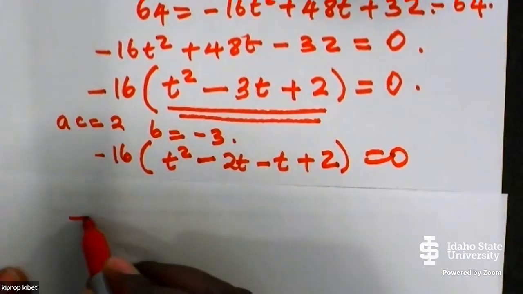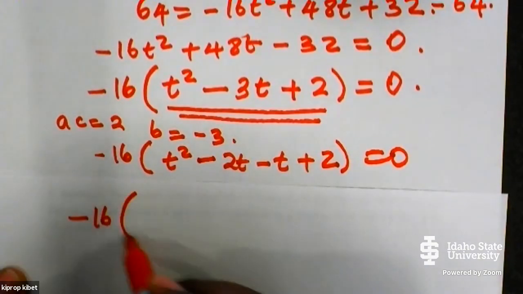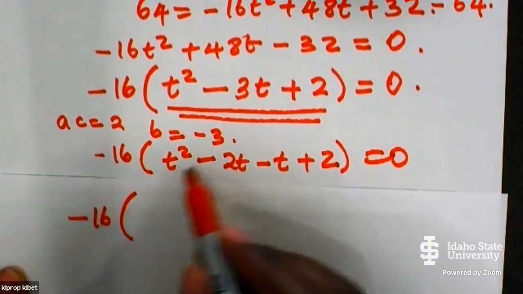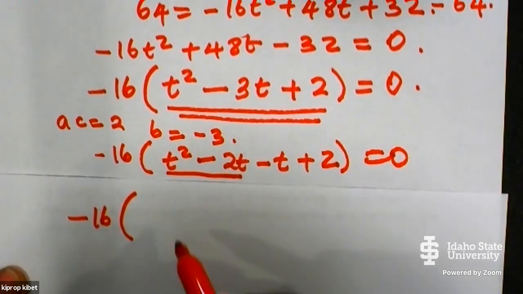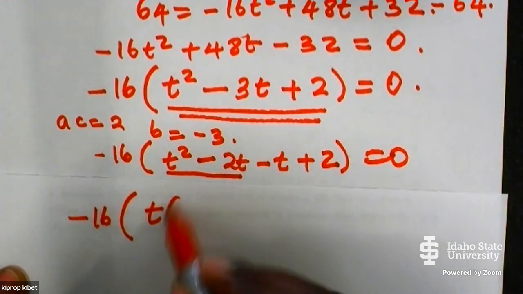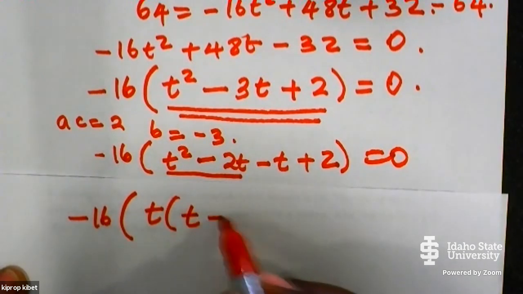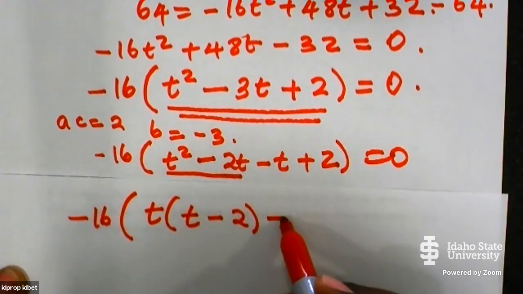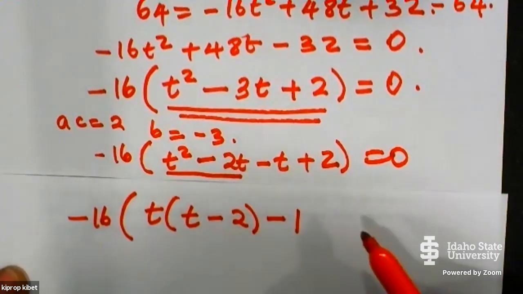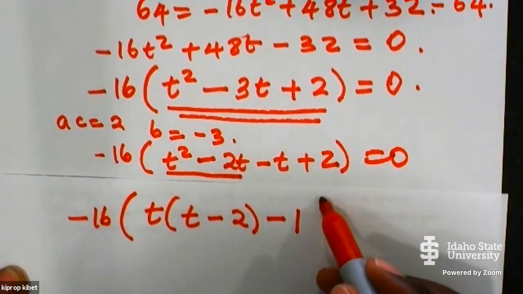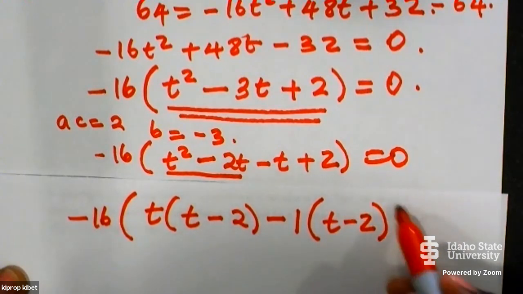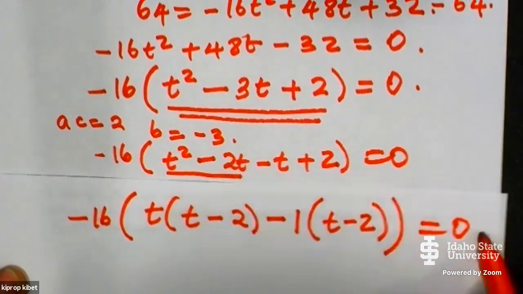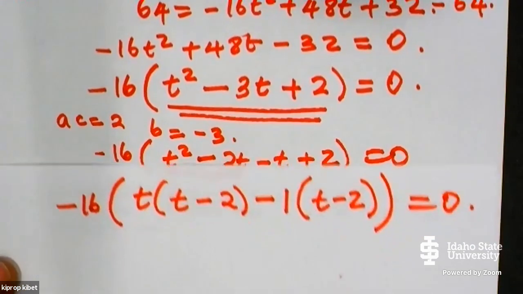Now you factorize this. You put out the common factor there, which is t: t minus 2, then minus 1, okay? Is that right? Then t minus 2 equals 0.